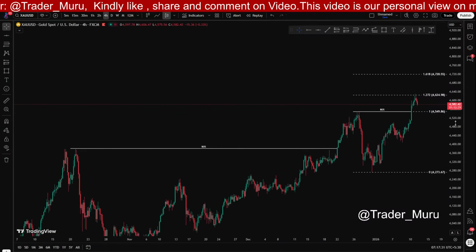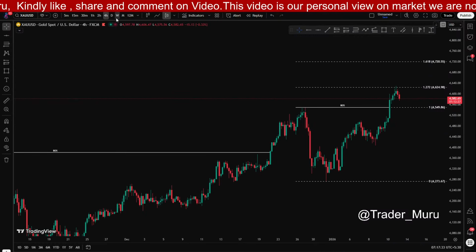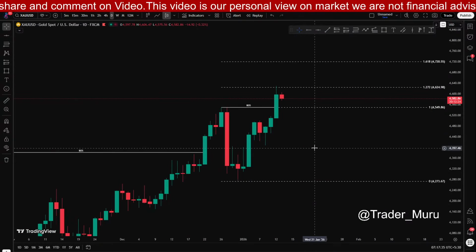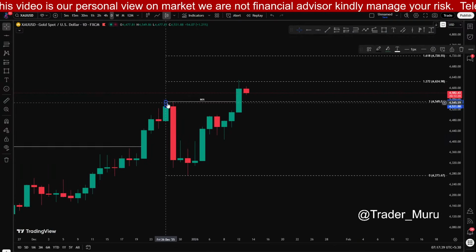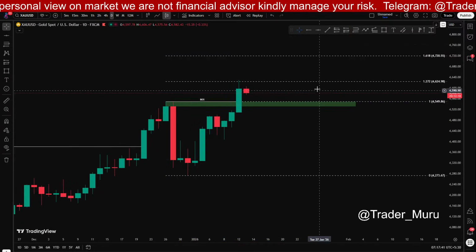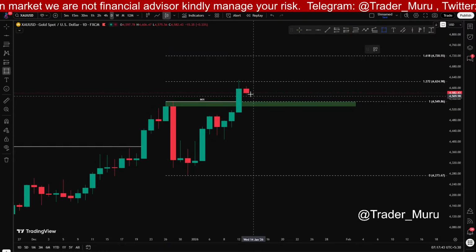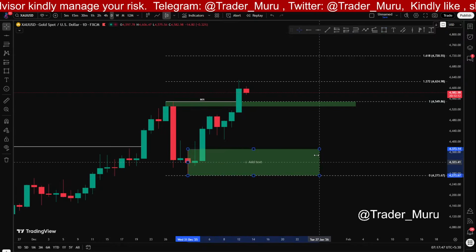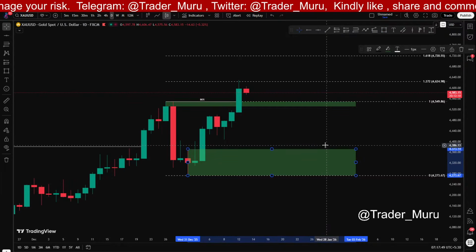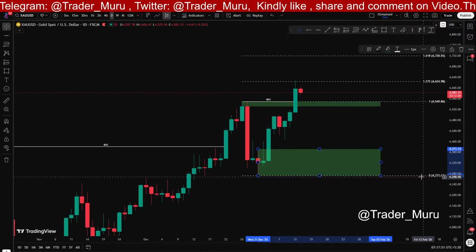4 hour areas are the same, and after the breakout structure, price usually goes for the first mitigation block, then again bounces. After the mitigation block, it tests this area. This is a bullish order block.